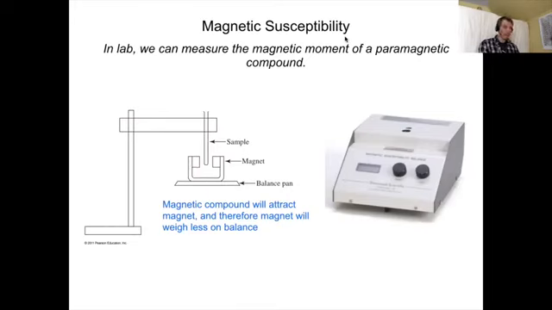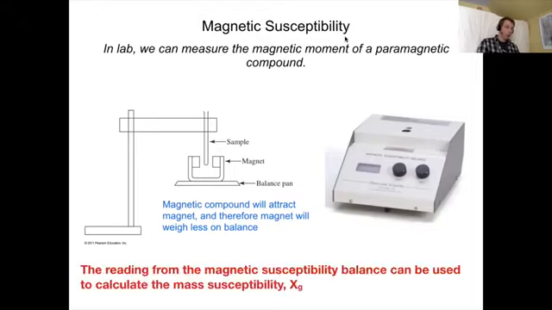And the idea of this is a paramagnetic compound will then attract the magnet in the pan and actually lift the pan off of the balance. And what we record, the number that we'll see over here, has to do with how much less mass this balance is recording because of that magnetic attraction.